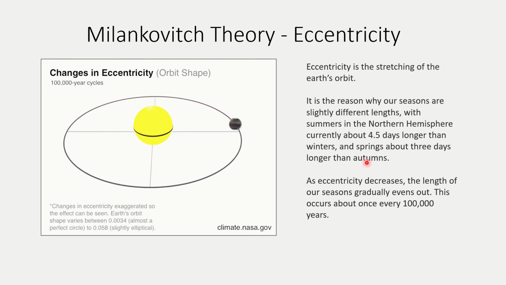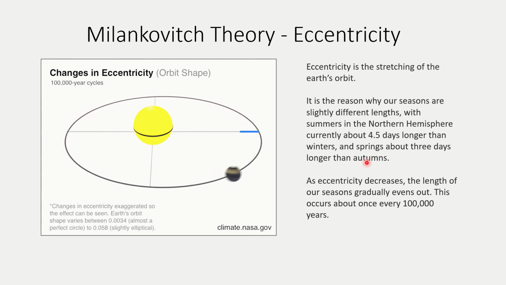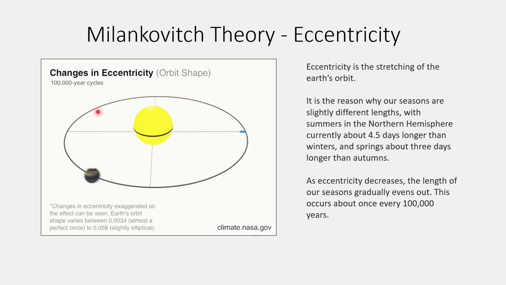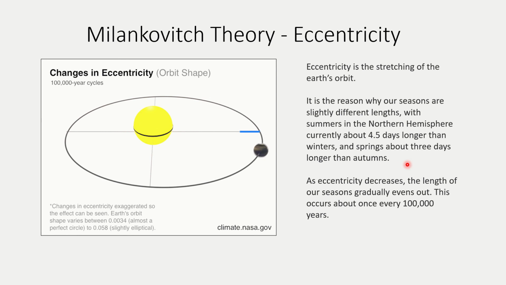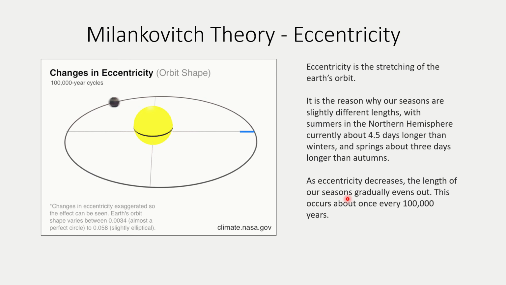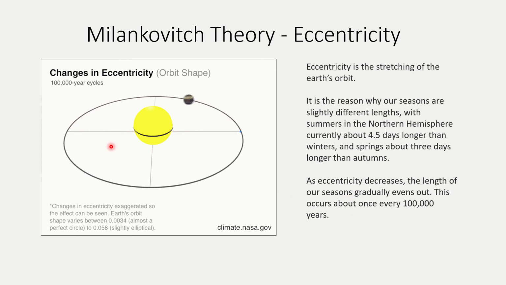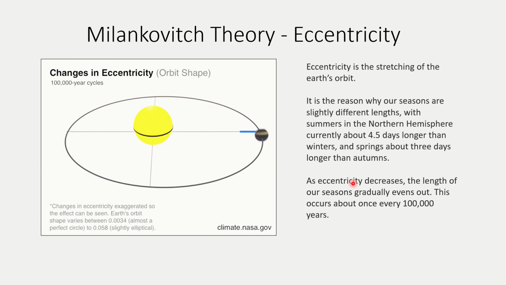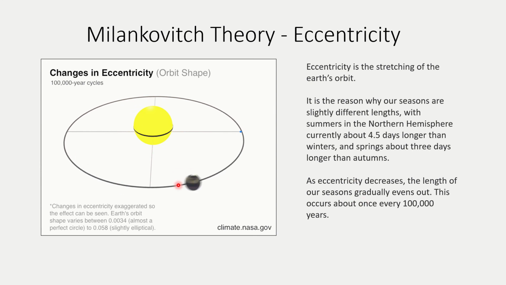This is why our seasons are slightly different lengths, because it depends at what point you're on that oval orbit when summer, winter, spring, and autumn arrive, and that dictates why our seasons are actually not equal lengths. The more circular the orbit becomes, the more this evens out. And when the Earth's orbit is perfectly circular, you would expect the seasons all to be equal lengths.